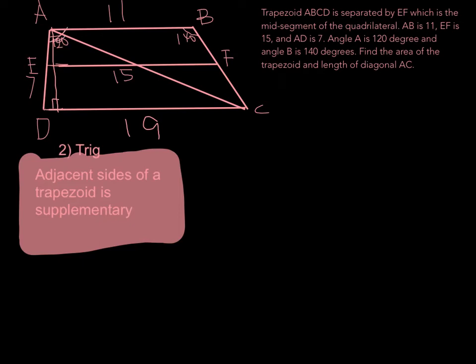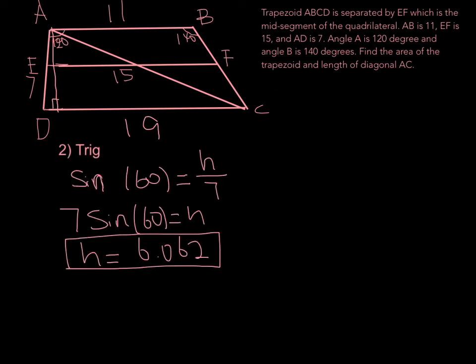If A is 120, the adjacent angle, which is angle D, must be 180 minus 120, and so angle D will be 60. Now all I have to do is use trig, which I won't specify because it's in another video, and we'll find that the height is 6.062.